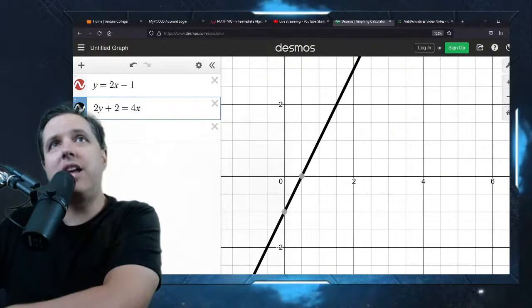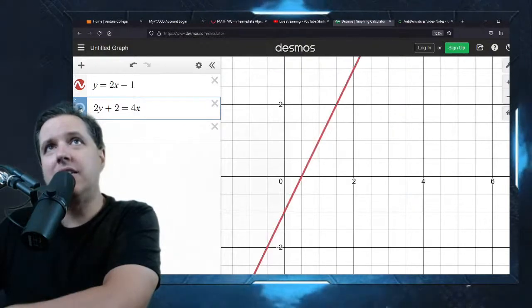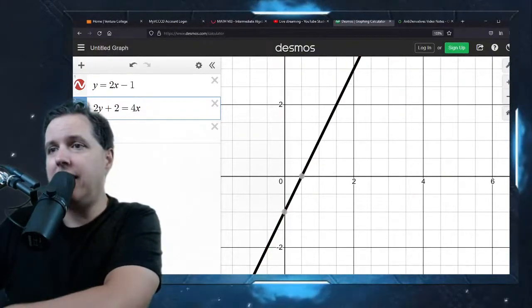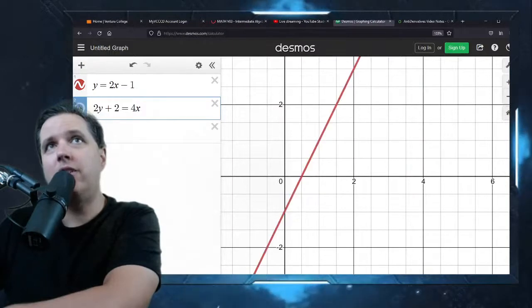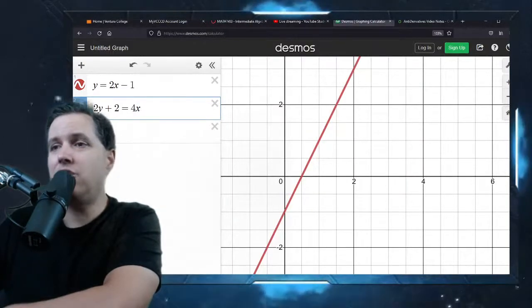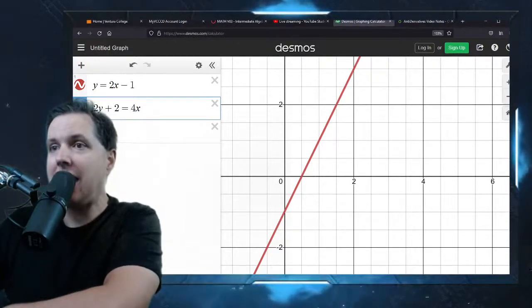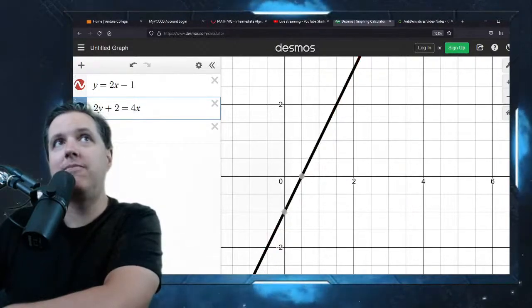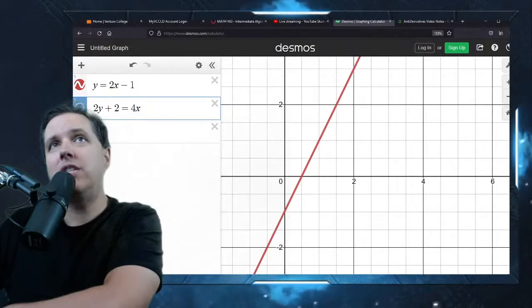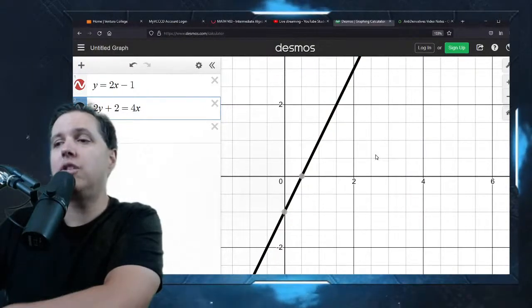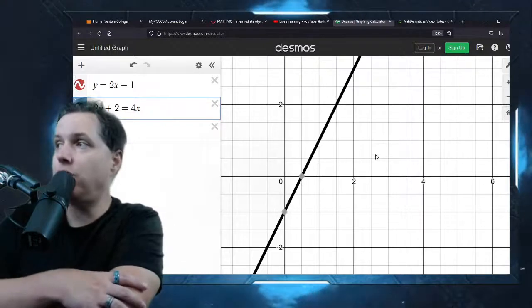Well, which points lie on both of these lines? Every point on the line lies on both of them, right? Every single point on one of these lines is shared by the other line because they are the same line. They are literally the same line. So what that means is every single one of these points on these lines here is a solution to the system of equations. They're all solutions.